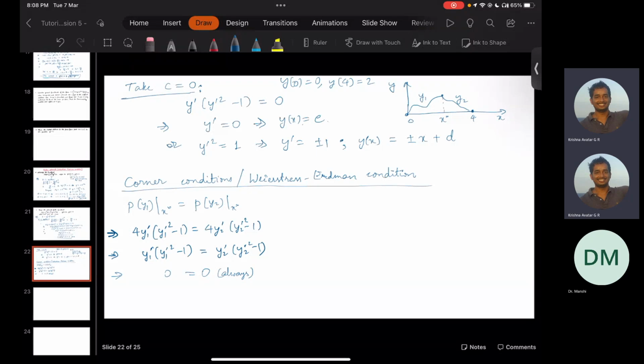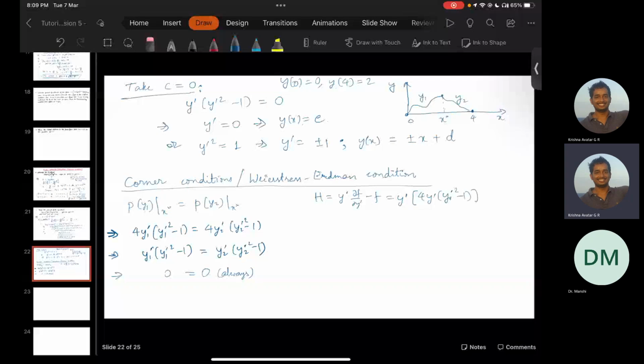Now let's take the second condition, which is H. Let me first derive the expression for H, which is y prime del f by del y prime minus f. Del f by del y prime was 4y prime times y prime squared minus 1, and then we'll have f.